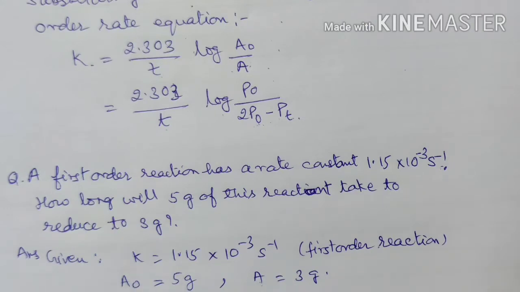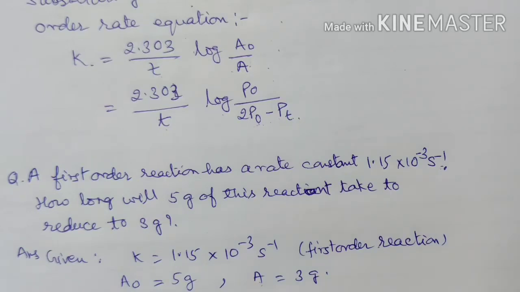So we have to find out the time required for the conversion of 5 gram to 3 gram. The K is given as 1.15 into 10 to the power minus 3. A0 is given 5 gram and A is given 3 gram.